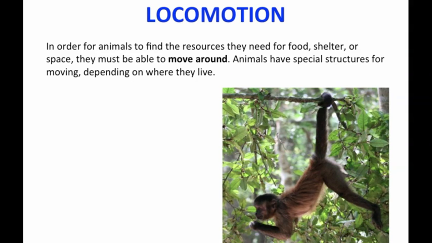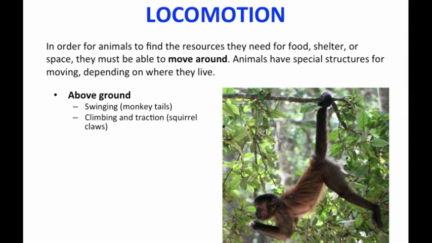Locomotion. In order for animals to find the resources they need for food, shelter, or space, they must be able to move around. Animals have special structures for moving, depending on where they live. Above ground. Swinging, such as monkey tails. Climbing in traction, such as squirrel claws. Flying, such as birds' wings.